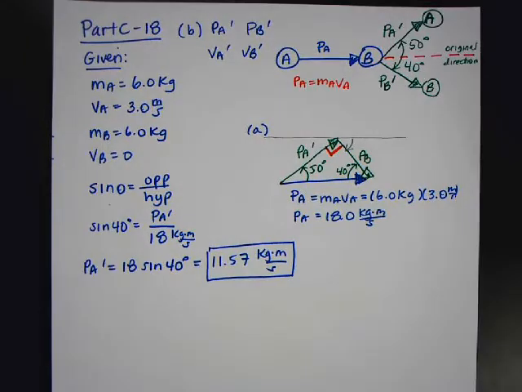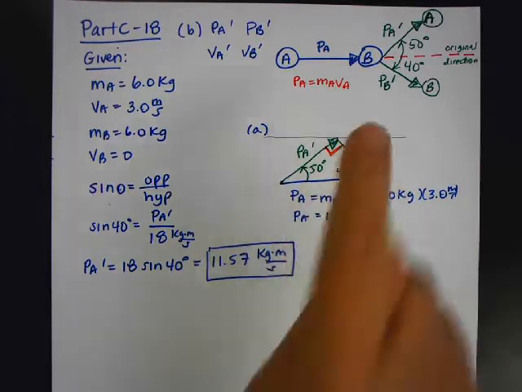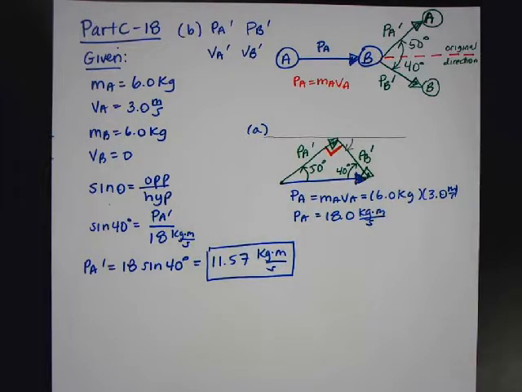Now when I want to find PB prime, remember that it's a right triangle, so I could use the Pythagorean theorem and say this squared minus that squared is this, or I could use cosine.